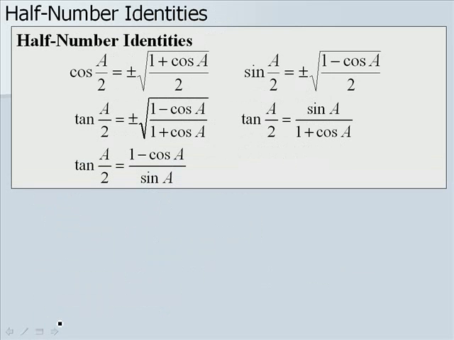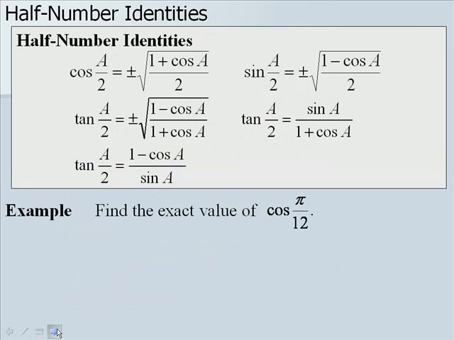Here we have our half number identities. Notice that we have 3 different identities for the tangent of our half angle, or a over 2. So let's do an example. We want to find the exact value of cosine of pi over 12. Now pi over 12 will be in quadrant 1, so the cosine of pi over 12 is positive.